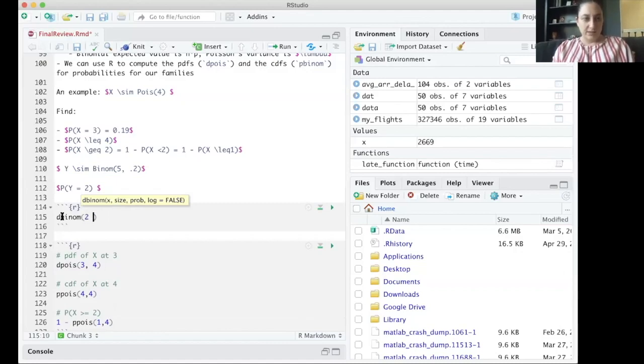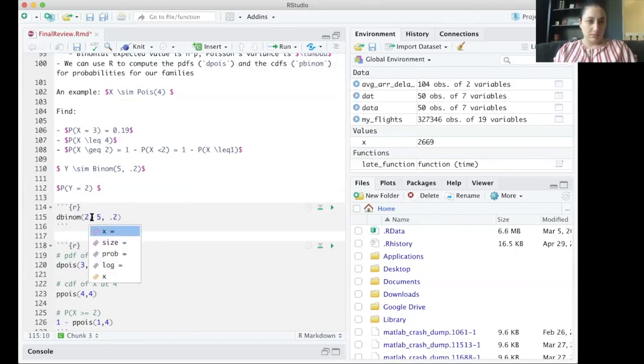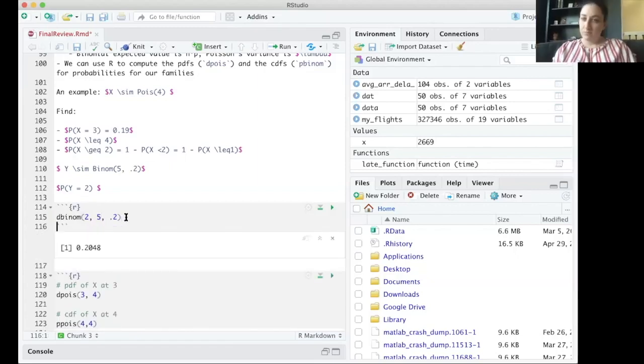Then I have the value I want to find the probability of, and my two parameters, 5 and 0.2. Poisson only needs the one parameter, so I only put the one parameter there. Binomial has two, n and p.